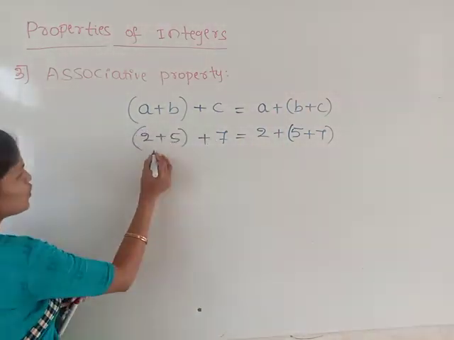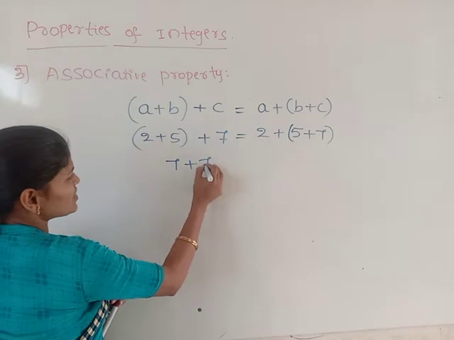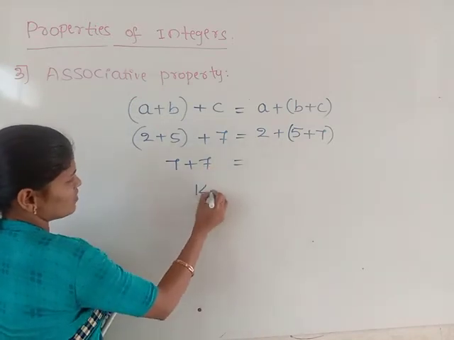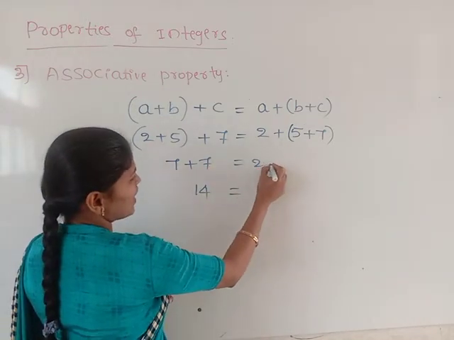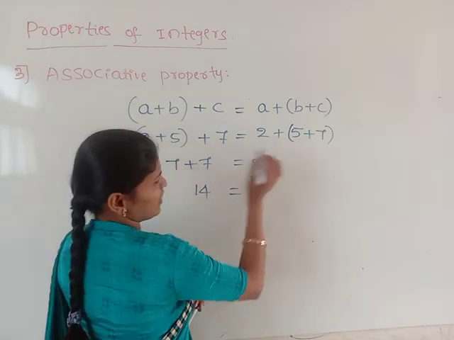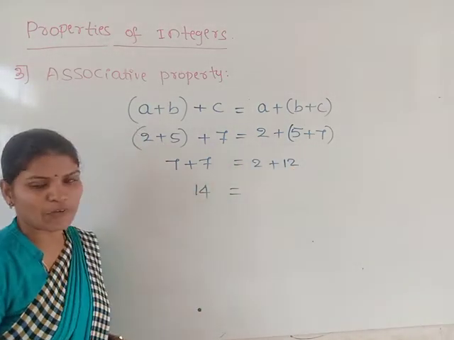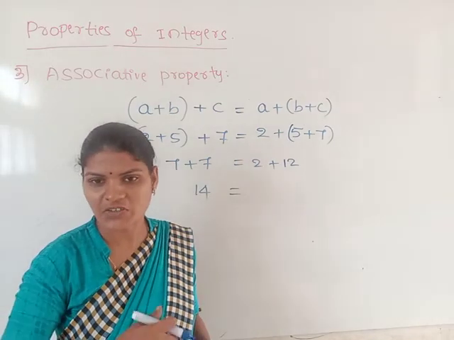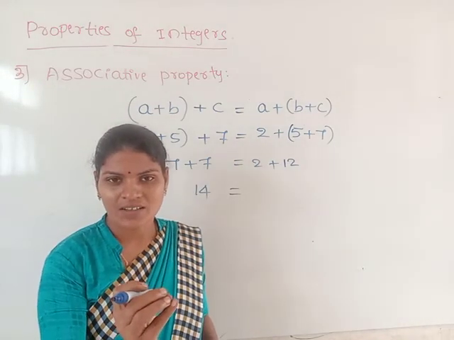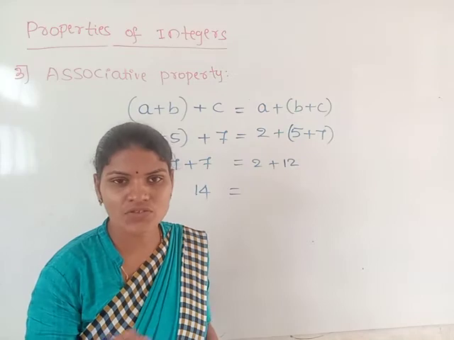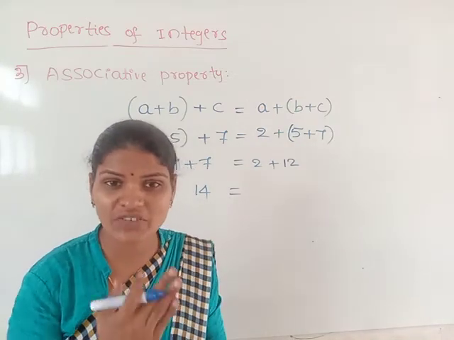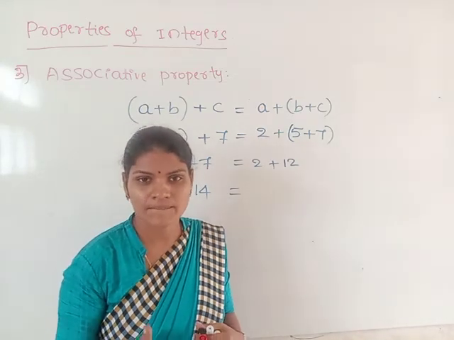Okay. 2 plus 5, 7. 7 plus 7. How much? 14. Now, whom will I take outside? 5 plus 7. Whatever you are writing, you have to say it. Simply you are writing in your notebook. Please don't do that. Please interact with me. Say with me.